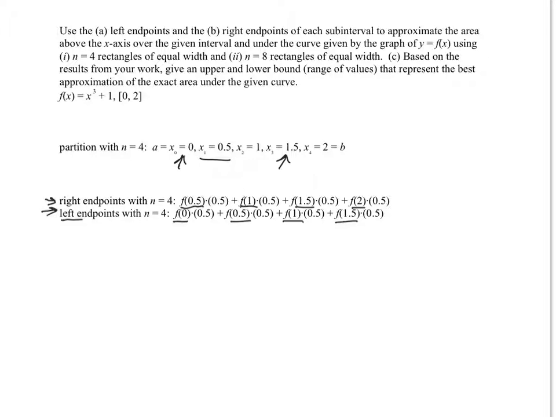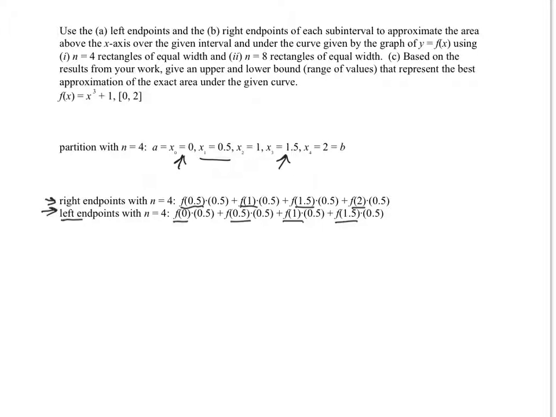Now, both of these would be considered sums of estimating the area under this curve, and we choose the endpoints because they're easiest to work with. But we could actually use any point in the subinterval.